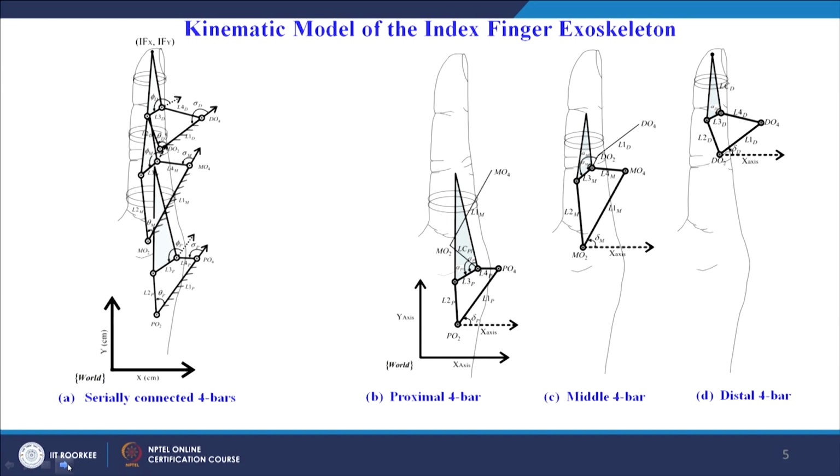The kinematic model of the index finger exoskeleton is shown here, with 3 robotic 4 bar mechanisms serially connected. The first one is for the proximal phalanx, the second 4 bar for the middle phalanx, and the third 4 bar for the distal phalanx, connected serially so that they form the index finger exoskeleton for the movement of the index finger.